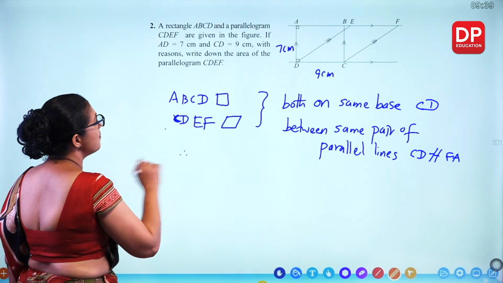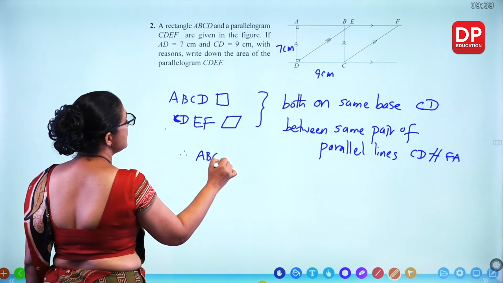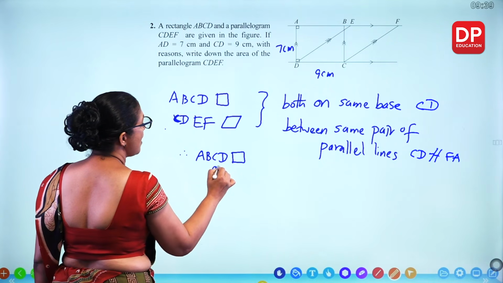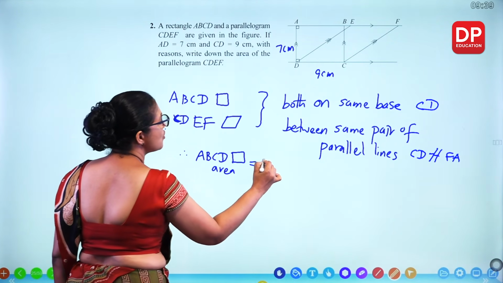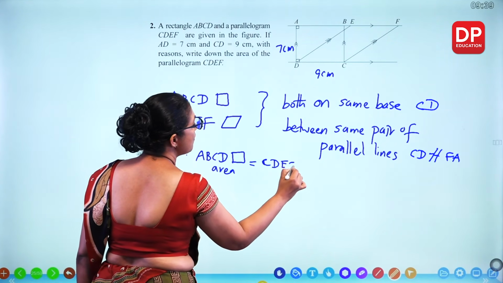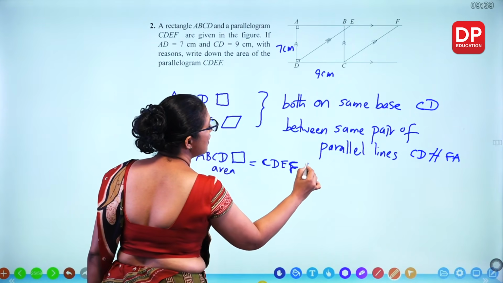According to theorem, ABCD rectangle area is equal to CDEF parallelogram.